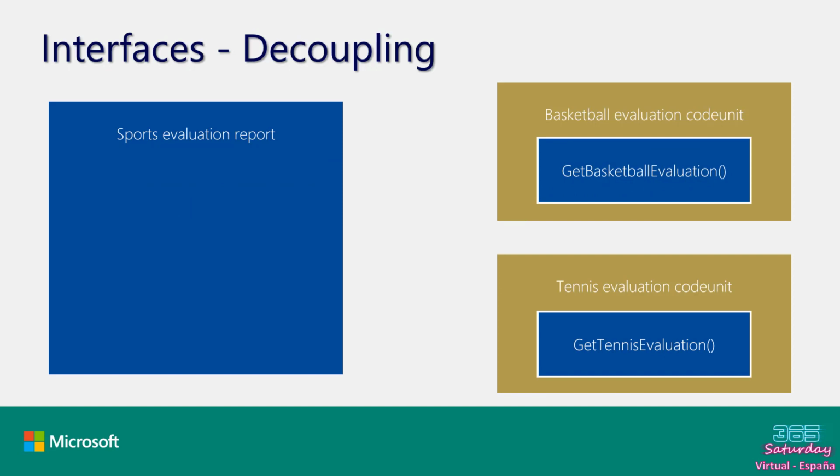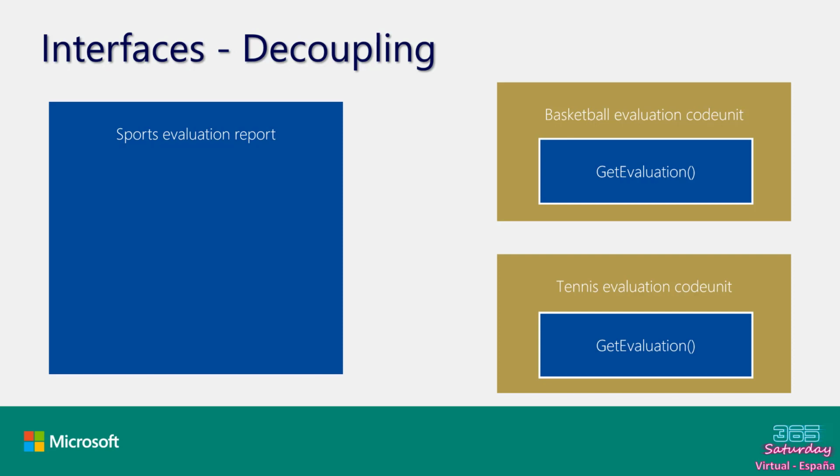Now that's a bit better because we clearly know what is the basketball code, what is the tennis code, and we have at least not everything in the same place. And while we are there, we can then just say get evaluation as the same method name, because now it's in different codeunits. But still, those are very much linked together.